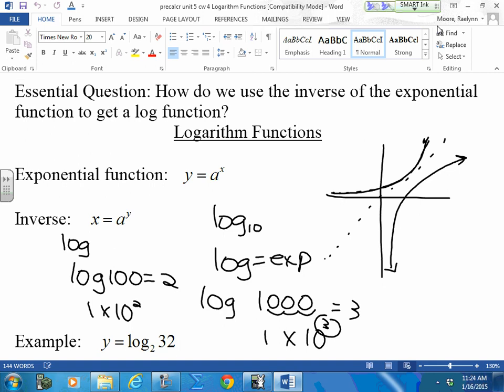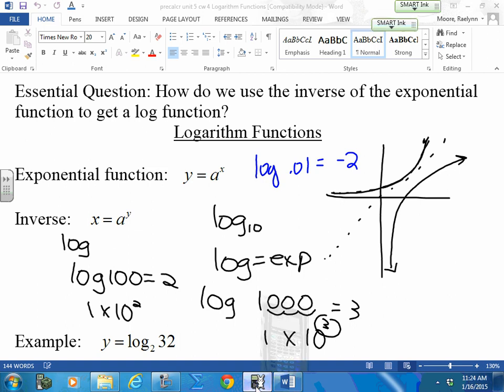However, I can get the log of 0.01. What is the log of 0.01? Without putting it in your calculator, think where your exponent is. -2. You're all moving it over. Your log is -2.